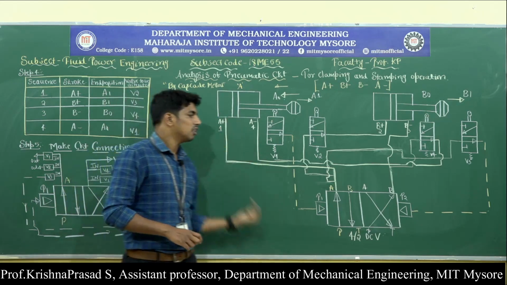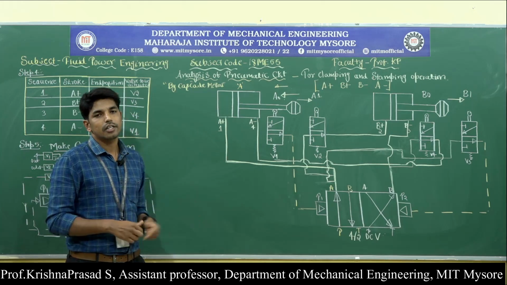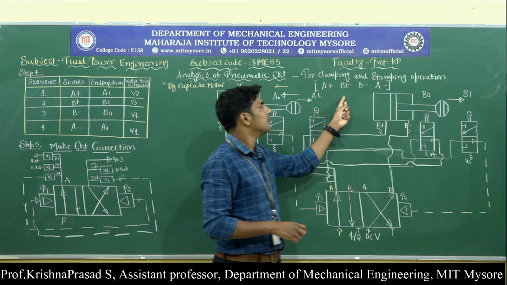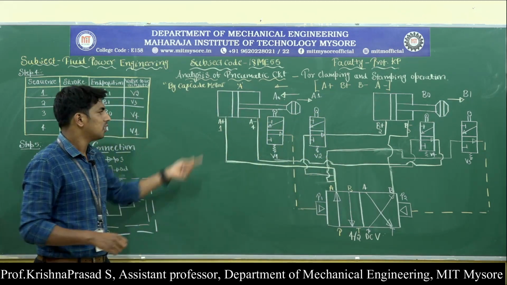Okay. So now the circuit connection is made. Now we need to illustrate the clamping and stamping operation with the sequence of A plus, B plus and A minus. We already know what is meant by A plus.